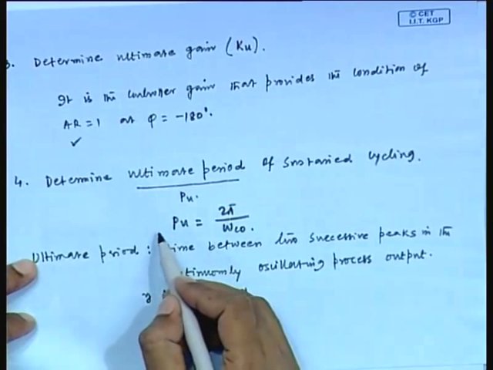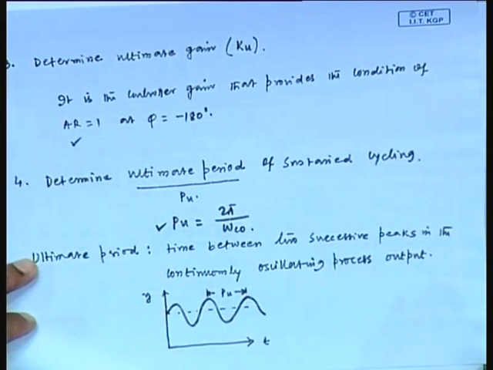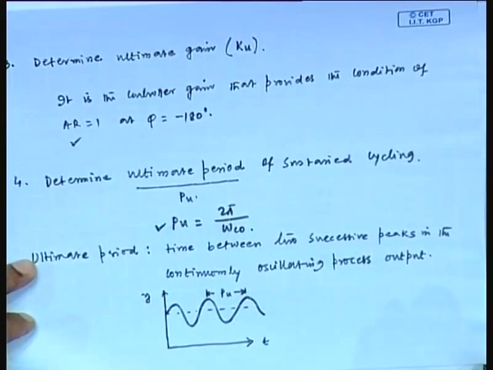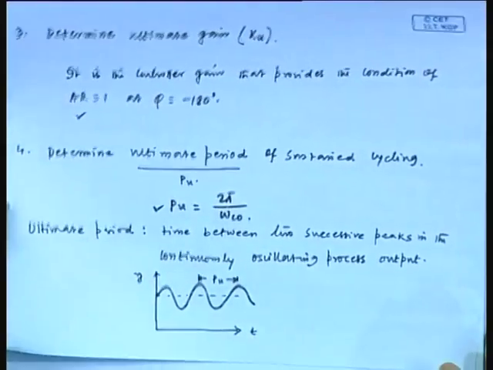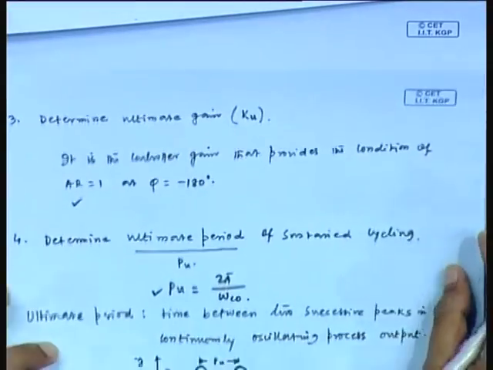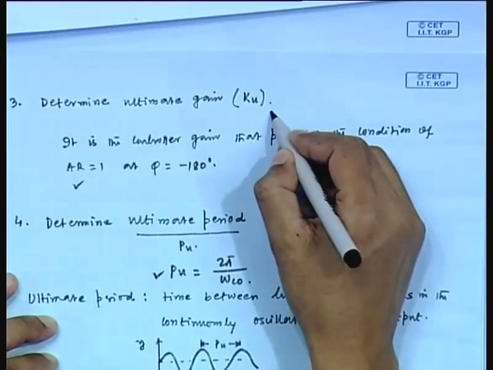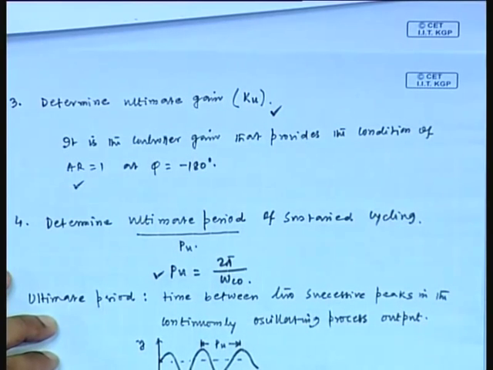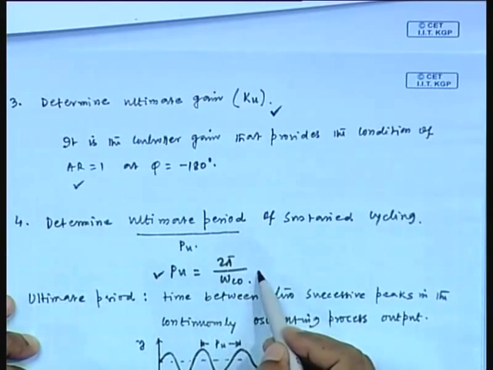So, this is the ultimate period of sustained cycling. So, in step 3 we knew the calculation of ultimate gain, and in the next step we discussed the determination of ultimate period.